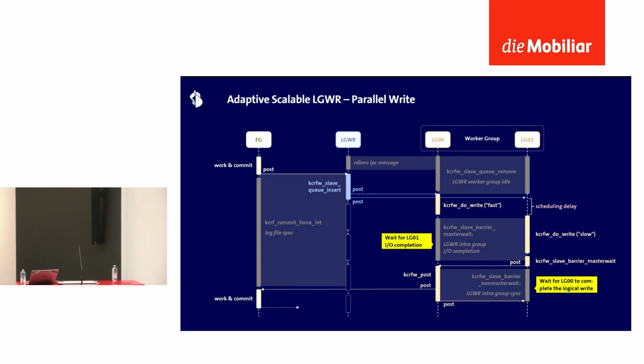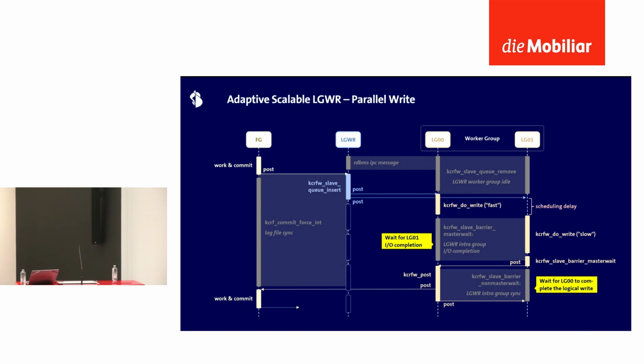What this is showing here is a parallel write. We have LogWriter assigning a redo write to 2 workers, and these 2 workers start working on that write together. But then one worker runs into a delay, this one here. When this one runs into a delay, the first one cannot proceed, it needs to wait. That waiting is coordinated via semaphores.